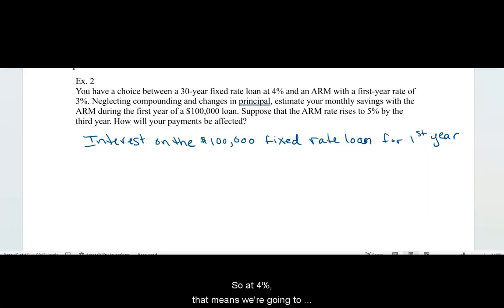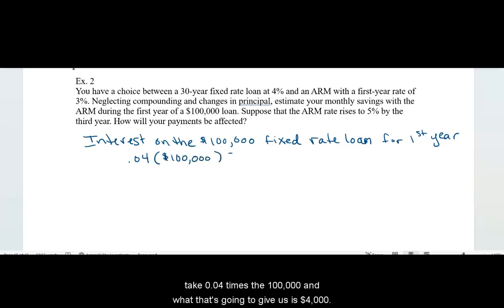So at 4%, that means we're going to take 0.04 times the 100,000. And what that's going to give us is $4,000.